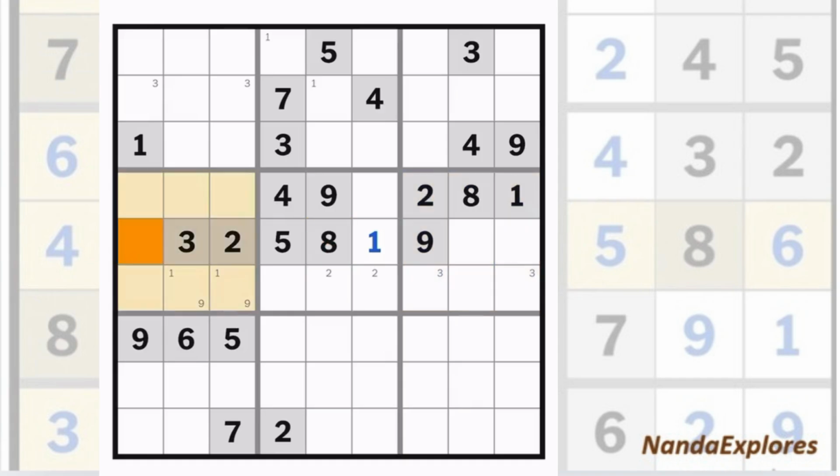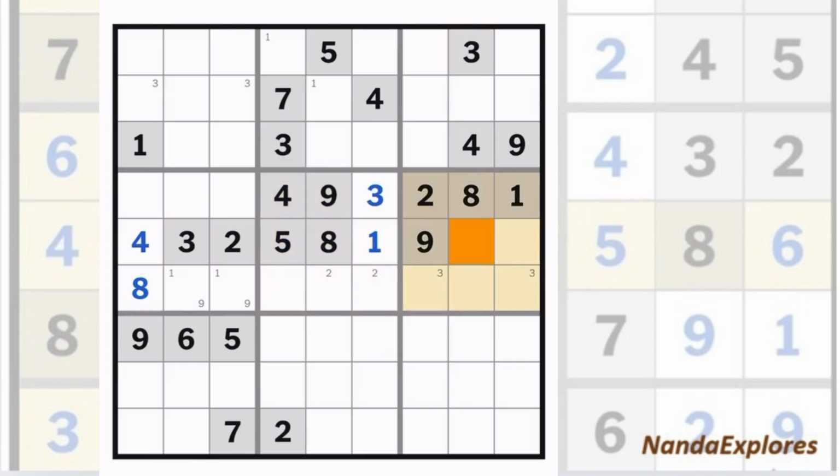So this is a cell where 8 becomes a likely candidate, unique number, and this is a cell where 4 is a unique number. So now we have a 3 which will not come here. So this is a cell where number 3 is a unique number.